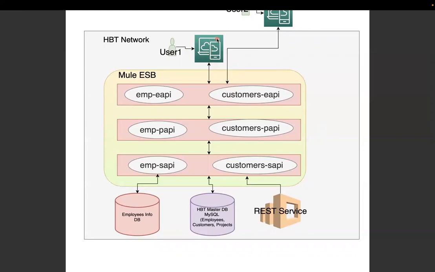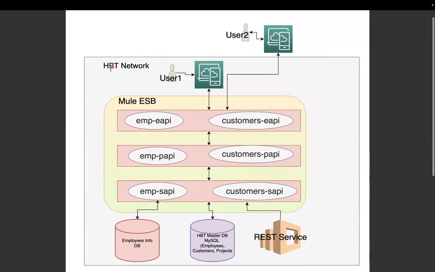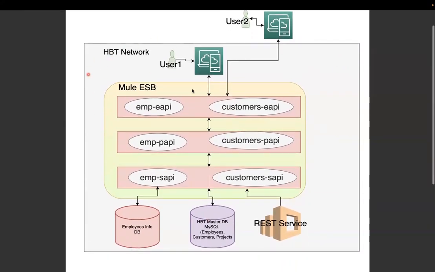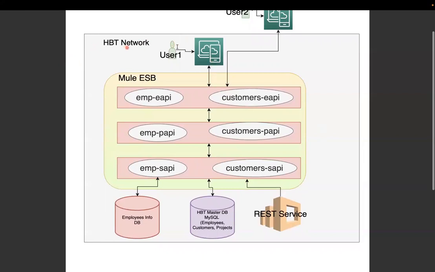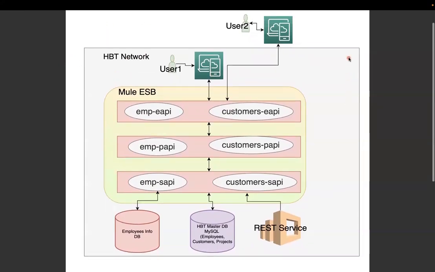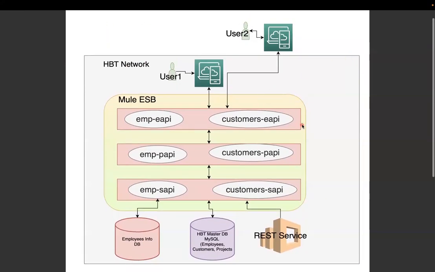So we have received a request from application A, and we are going to connect to one of the target systems, and we will either create the data on the target systems, or we will get the data from the target systems, and we are going to return a response to the applications. In this way, we are going to build our HRST network. So human REST tech network, and within this, we are going to create multiple APIs.